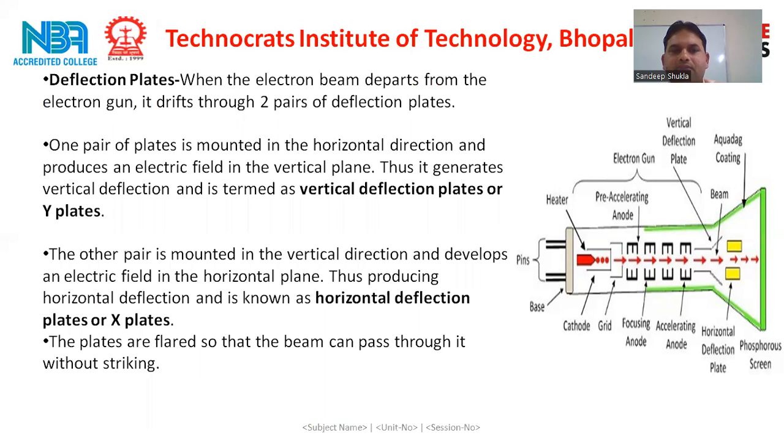So it generates the vertical deflection and is defined as the vertical deflection plate or Y plates. The other pair of deflection plates is mounted in the vertical direction and develops an electric field in the horizontal plane. This is known as the horizontal deflection plate or X plate. These plates are flared so that the beam can pass through without striking them.